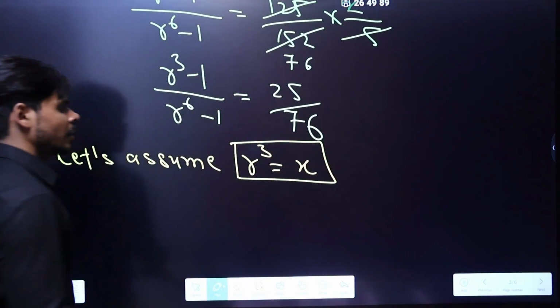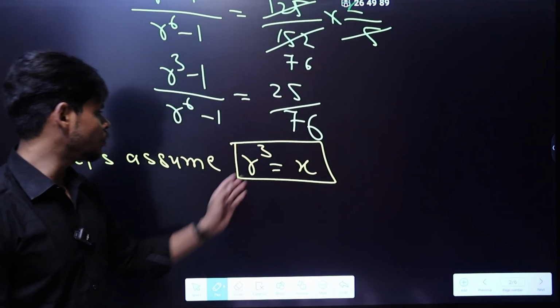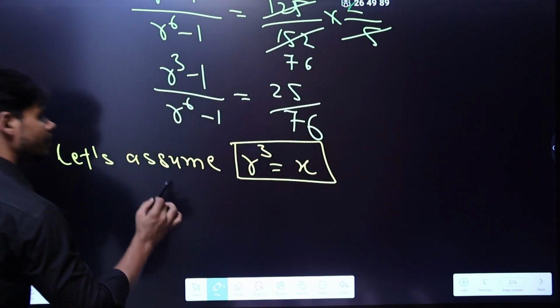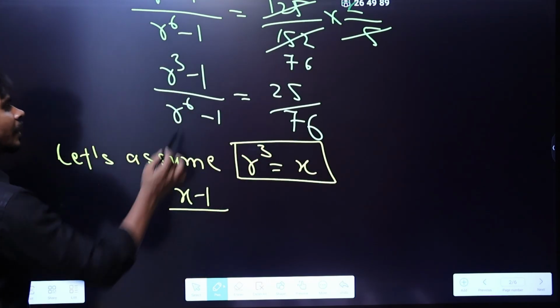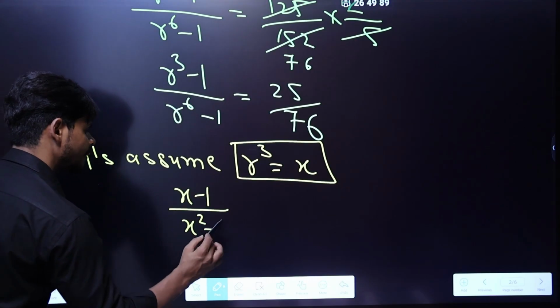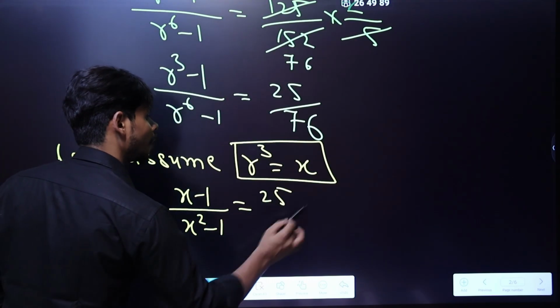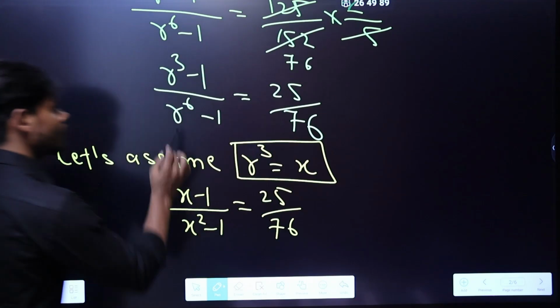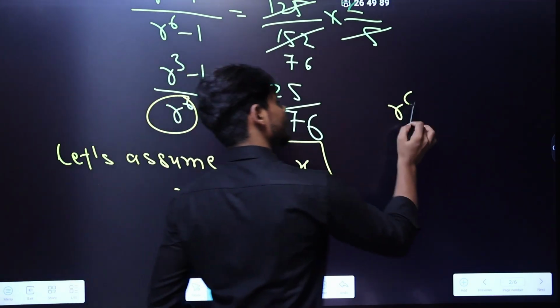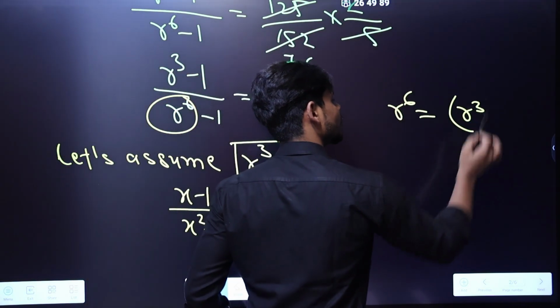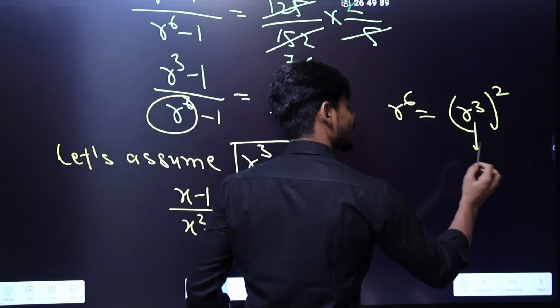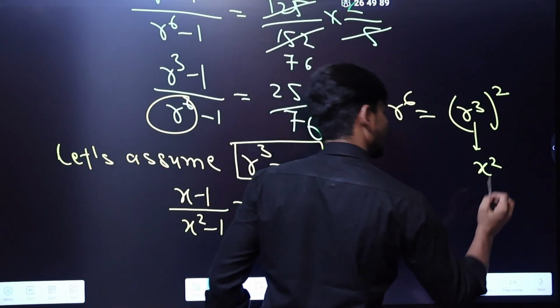We are familiar with x, so let's assume it as x. So this thing will become x minus 1 whole divided by x square minus 1. How will it become square? How can you write R raised to power 6? You can write R raised to power 3 whole raised to power 2, and I had assumed this as x, so it will be x square.